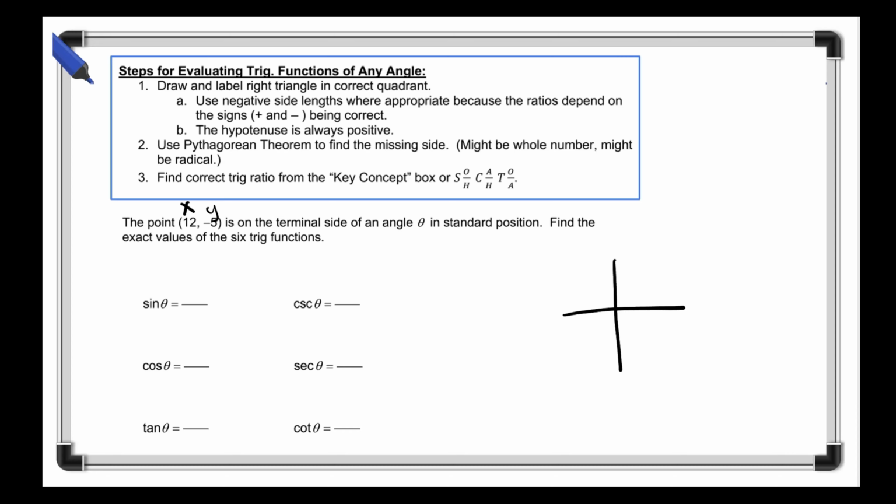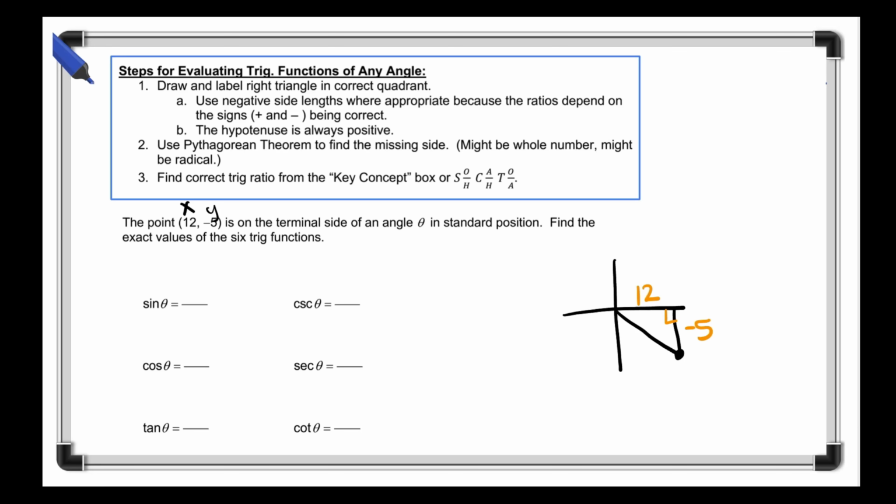If I have 12 and negative 5, that is in quadrant 4 because my x is positive and my y is negative. If I draw my right triangle, your x distance is the 12, and the y distance is negative 5. That makes sense because the y values are negative in quadrant 4.